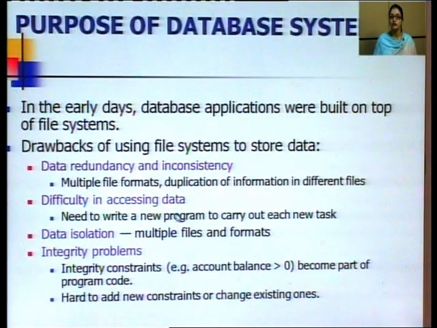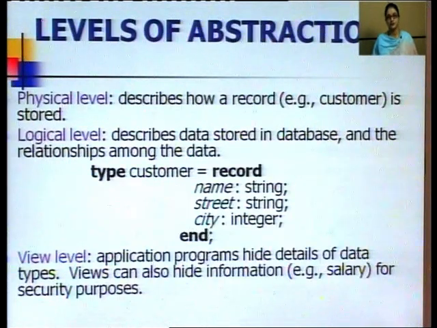Next is the problem of data isolation, having multiple files and multiple formats of the files. Integrity problems arise because the integrity constraints become a part of the program code. It is very hard to add new constraints or change the existing ones. That is why the problem of integrity constraints arises in file systems used to store the data.